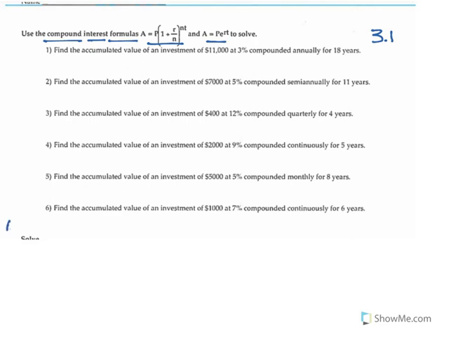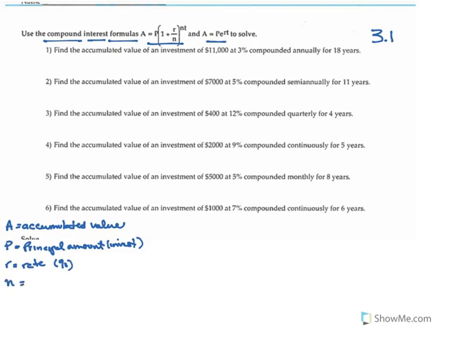The A represents the accumulated value, which is what you're looking for. The P represents your principal amount, that's what you invest. The R represents the rate, which is the percentage.